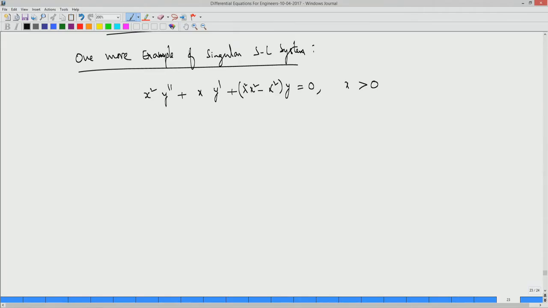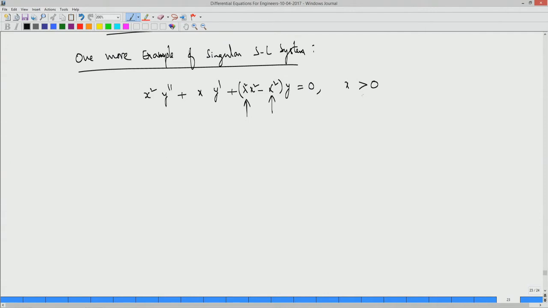For a Sturm-Liouville problem, you should have a finite domain. What are the parameters? I brought in this parameter lambda, the eigenvalue parameter, and I already have one parameter in the Bessel equation.